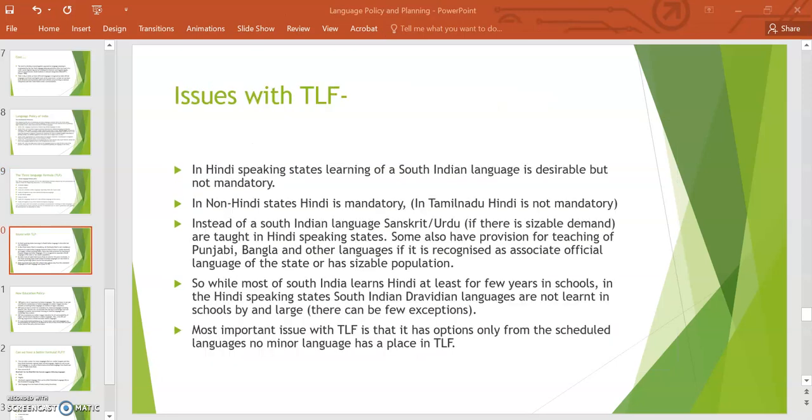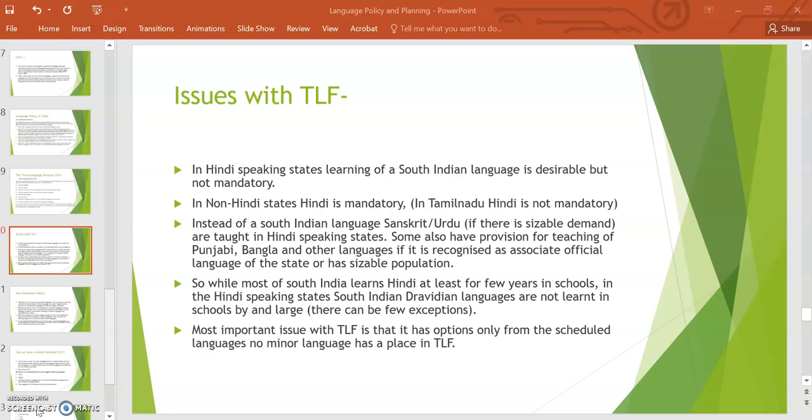So what are the issues with the three language formula? As I said, it honors the multilingual nature of India and provides for learning of three languages. So the issues are that in Hindi speaking states, learning of a South Indian language from the Dravidian language family is desirable but not mandatory. In non-Hindi states, Hindi is mandatory.